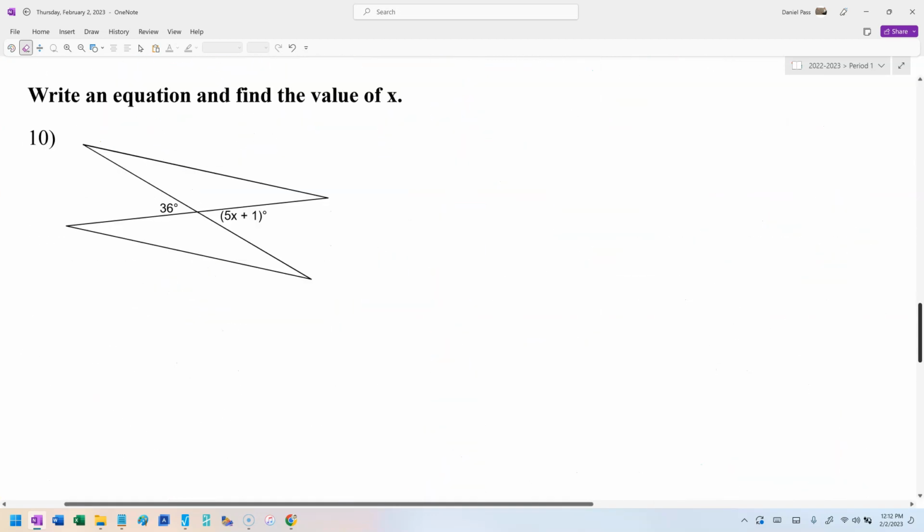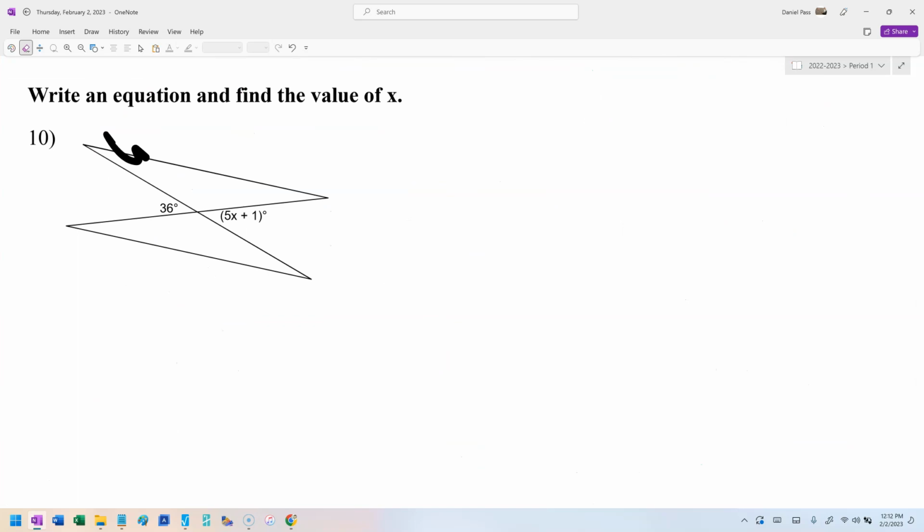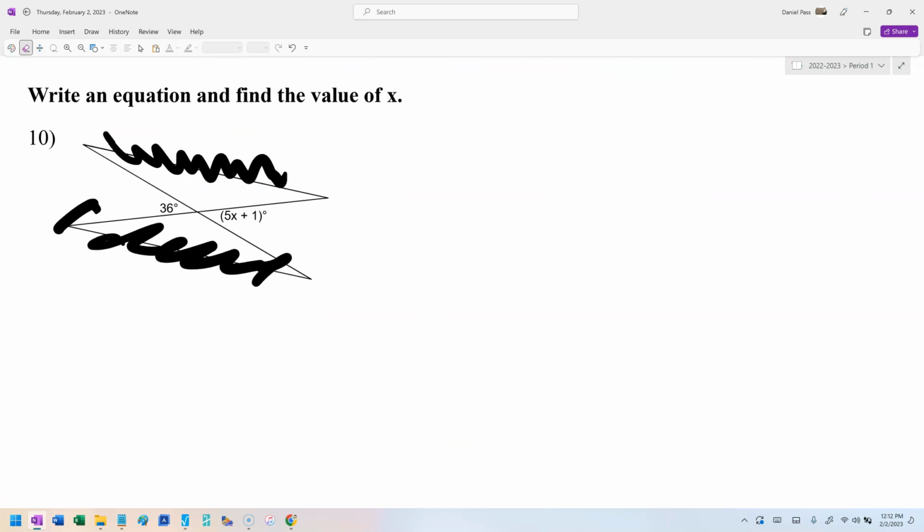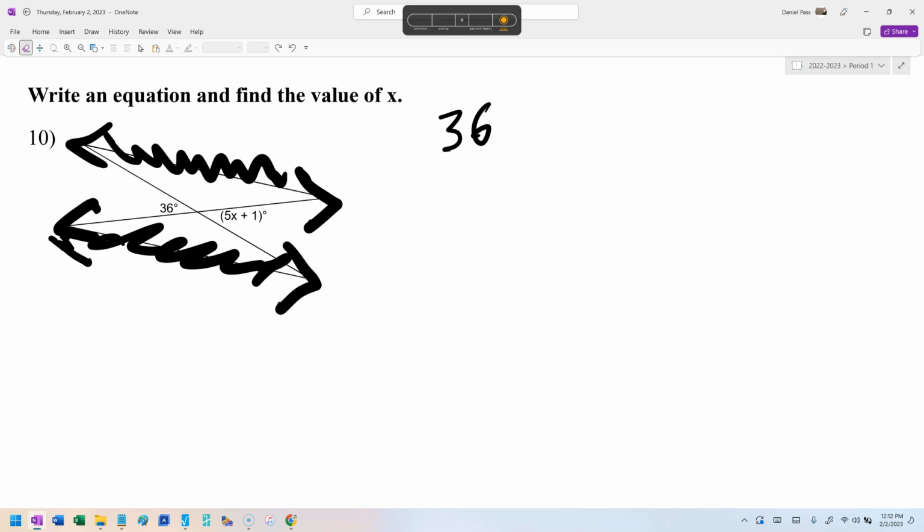Last one, number 10. These two angles are vertical. I'm sorry, this is really confusing, the way they put these lines up here. So it would be 36 is equal to 5x plus 1.